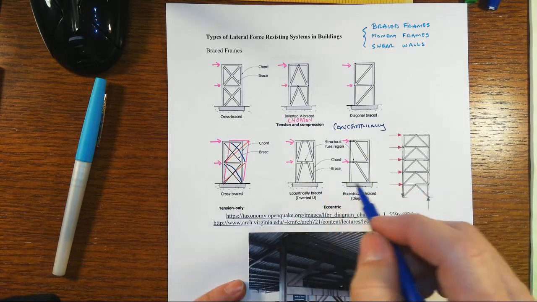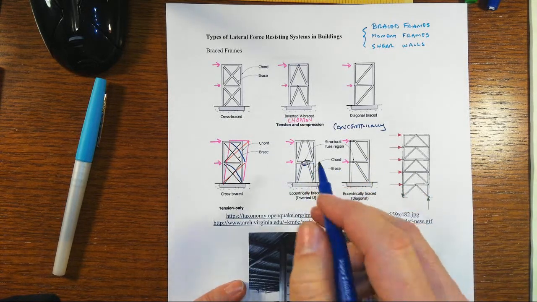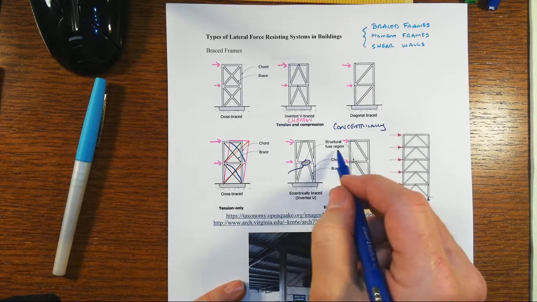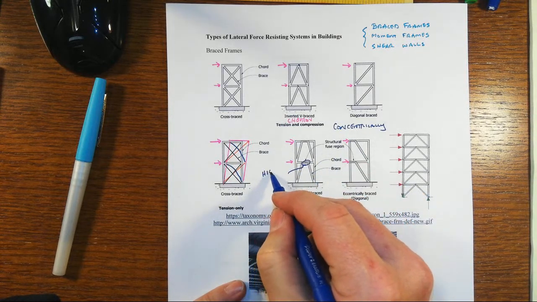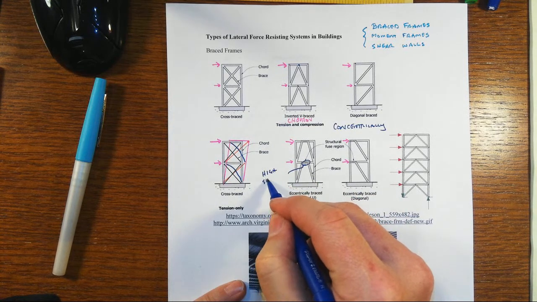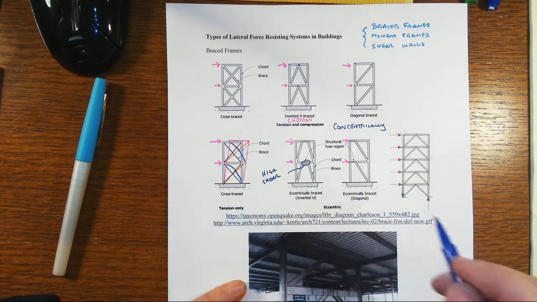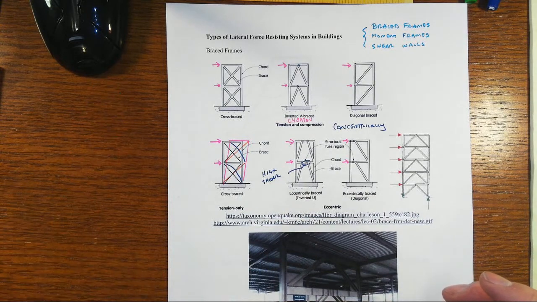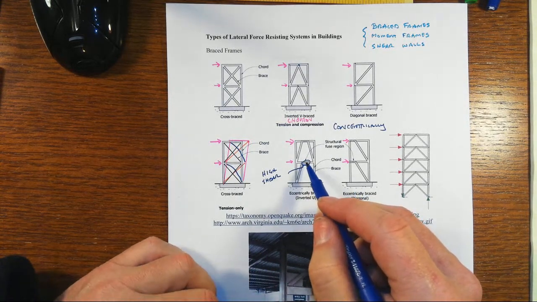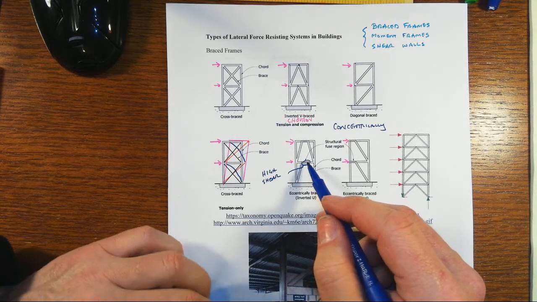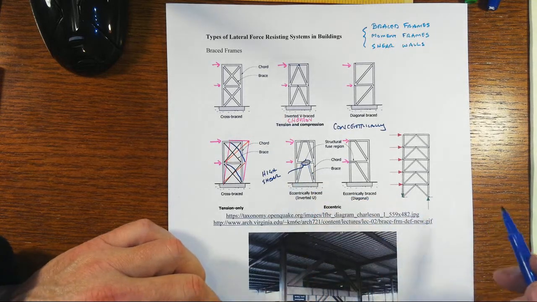We do that because in this little region where you have separation, you see the phrase structural fuse region. That's a region of high shear, and we intentionally design that to have the ability to dissipate a lot of energy through inelastic action during an earthquake event.